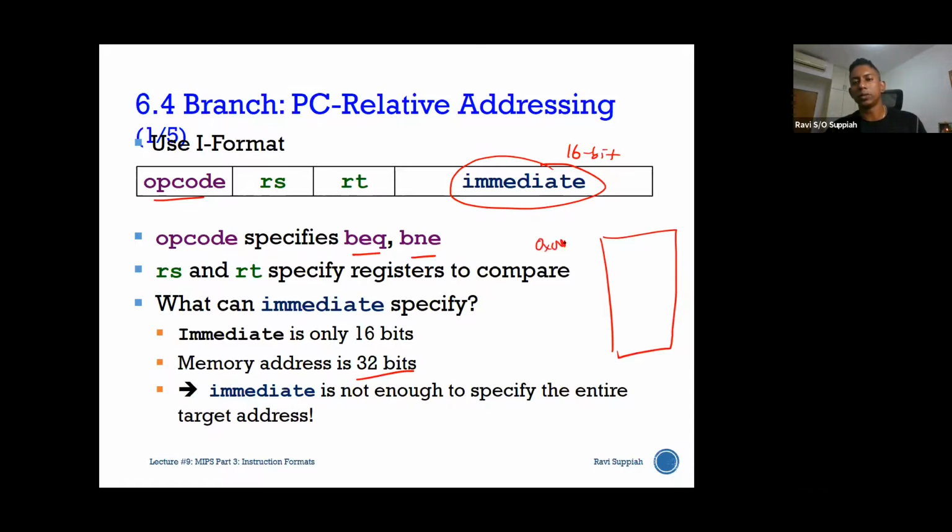That means 0, 0, 0, 0, 0, 0, 0, 0, all the way to the full 32 bits of FFFF and so on. So the full 32 bits is what the memory address represents and is available to us, but the immediate field only has 16 bits of space. We only have 16 bits of space. So how do we do it?